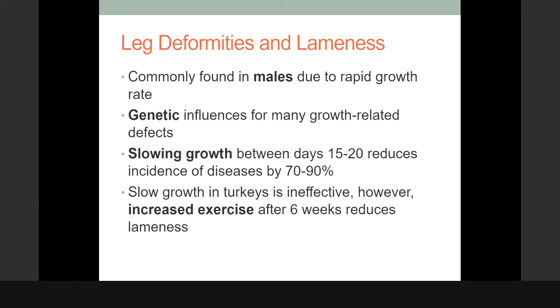If you remember back in the early 1900s, it took probably 6 months to reach 2 kilograms, the weight that we have right now. Through genetic selection, we selected better breeds so that they grow faster.